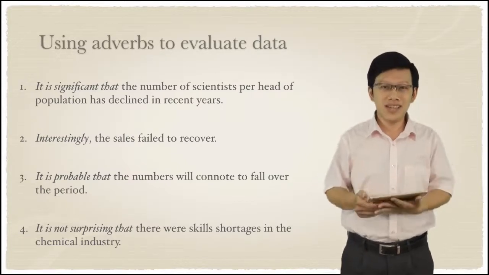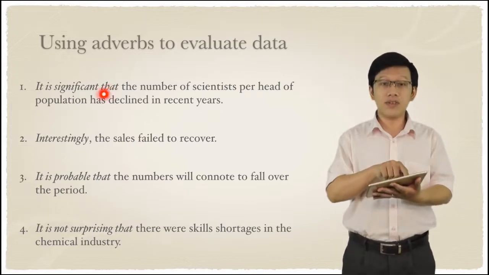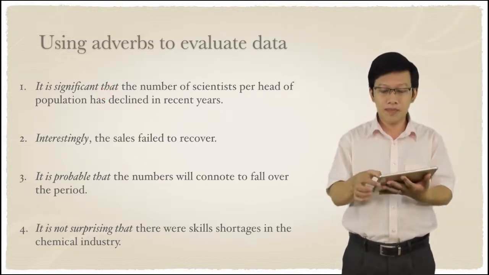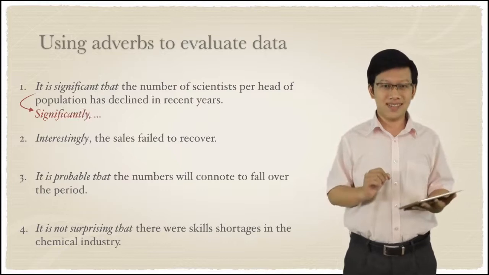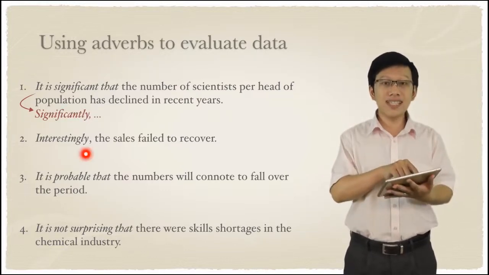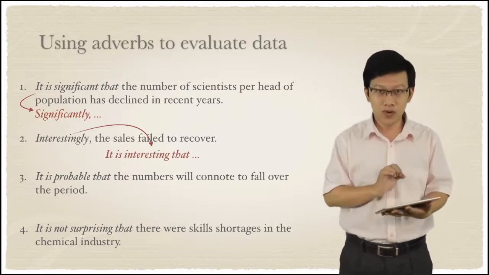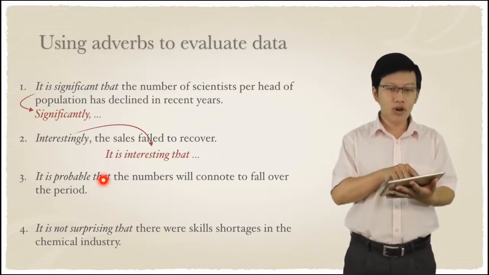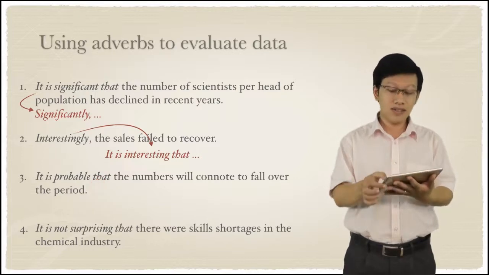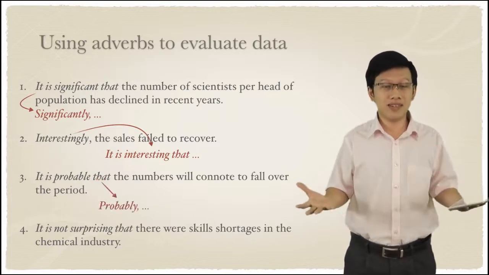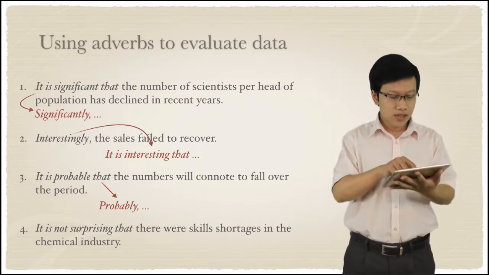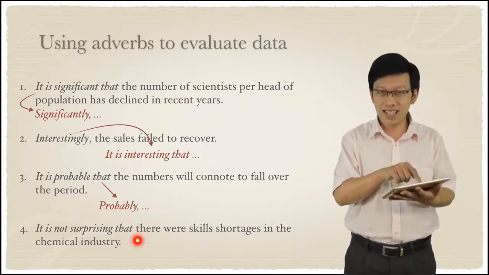Well, I think we're ready. So for example, it is significant that, this is going to become significantly. Interestingly, this will become it is interesting that, right? It is probable that, well, this is going to become probably. It's not surprising that, now we have not.